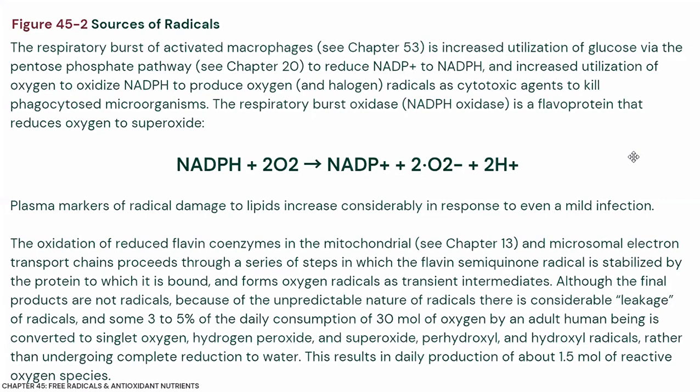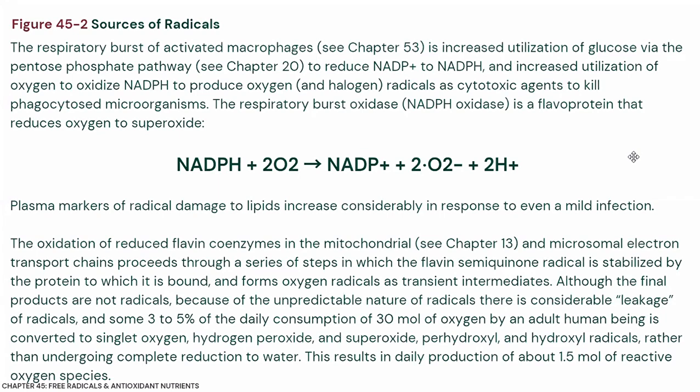NADPH is a reductant, very important. The other product is ribose 5-phosphate, which is needed in the formation of purines and pyrimidines. And you know where your purines and pyrimidines are going to be used: in the formation of your nucleic acids.